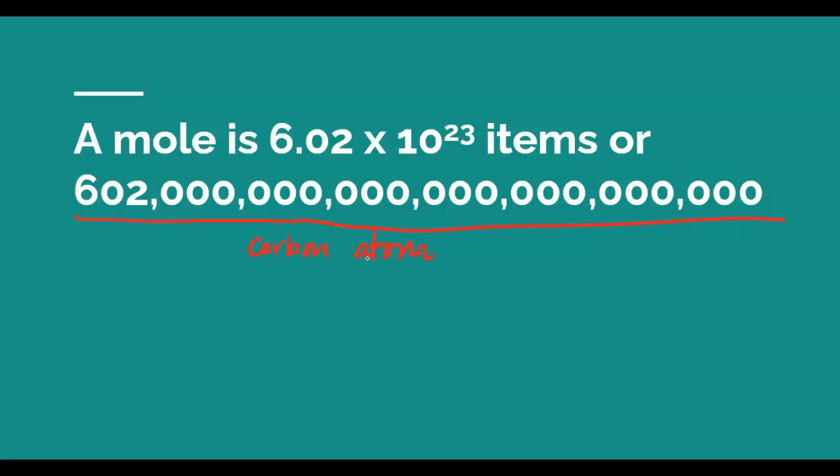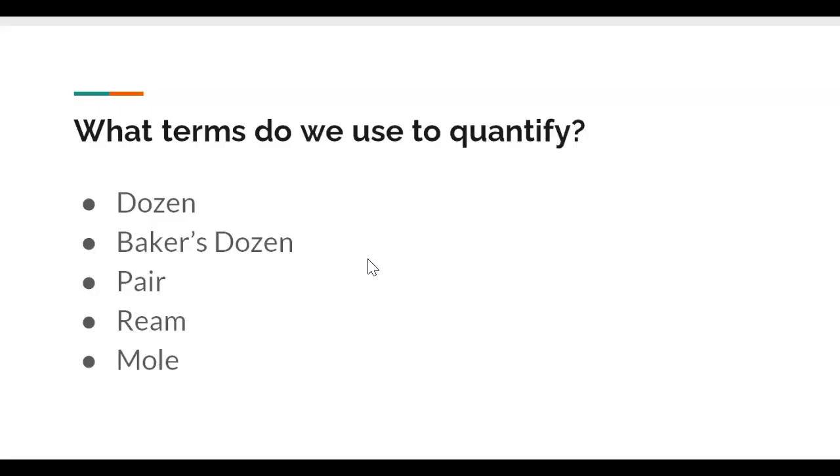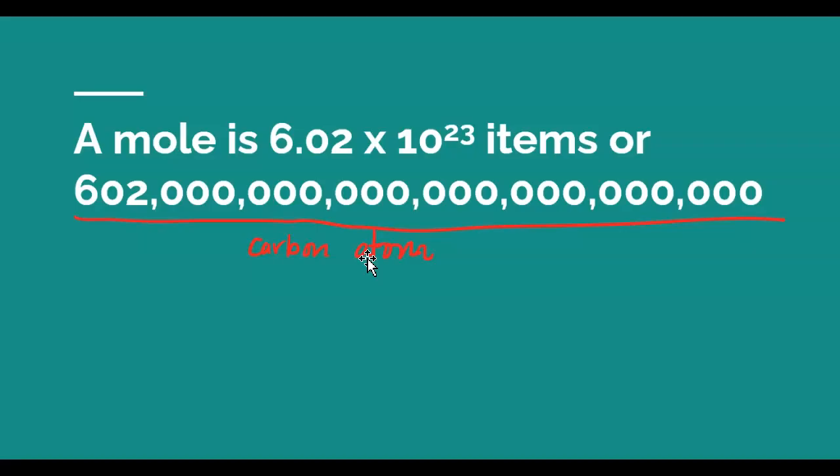Now, as I said, just like the dozen, where you can have a dozen donuts, a dozen boxes, a dozen cars, a mole is simply a quantity. So I can have 6.02 times 10 to the 23rd carbon atoms.